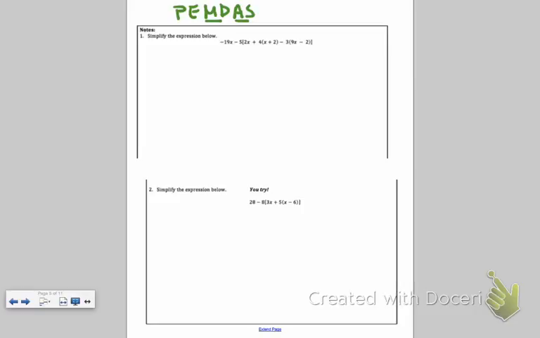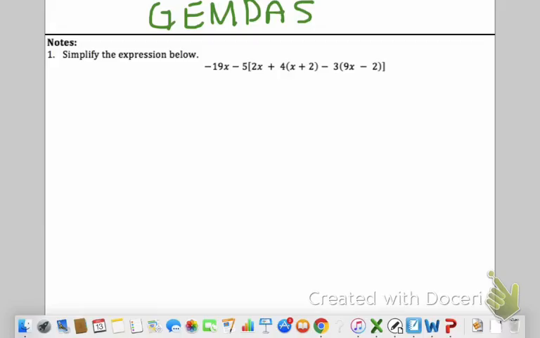So because we won't only be working with parentheses, we're going to turn this P into a G. So GEMDAS stands for grouping symbols, exponents, multiplication, division, addition, subtraction. So we're looking at parentheses and brackets today. So what grouping symbols tell us to do is work from the inside out. So I'm going to walk you step by step through this example.